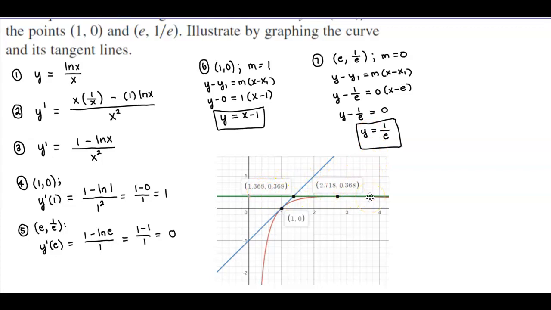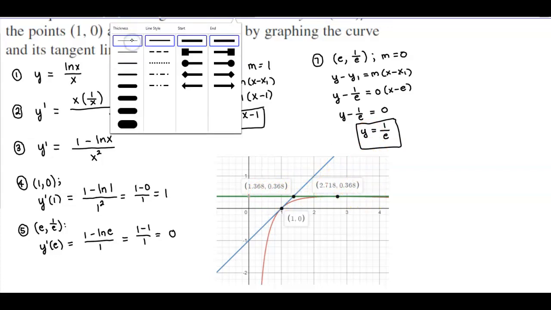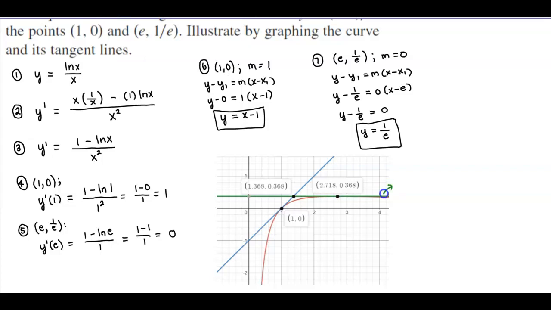So let's go ahead and label those. The green function is y equals 1 over e. The blue represents y equals x minus 1. And the curve is what was given in the problem, which is y equals the natural log of x divided by x.